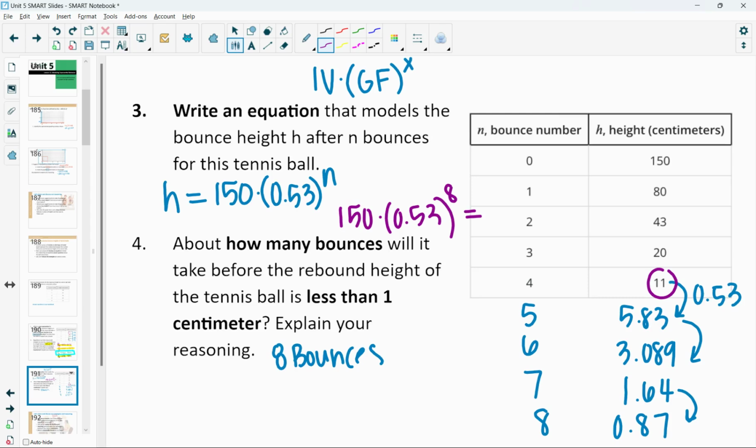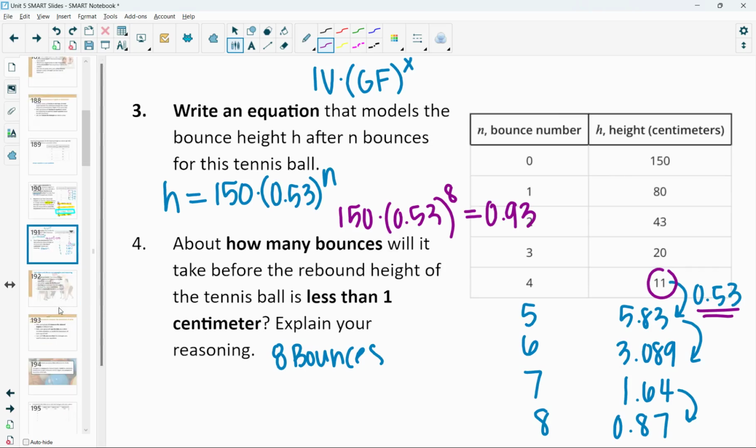So 0.53 to the 8th power, and then times 150 gives us 0.93. So pretty close, right? One is going from our data using the growth factor we decided, and one is using our equation to model it. So 2 different ways, similar thing, gives us 8 bounces.